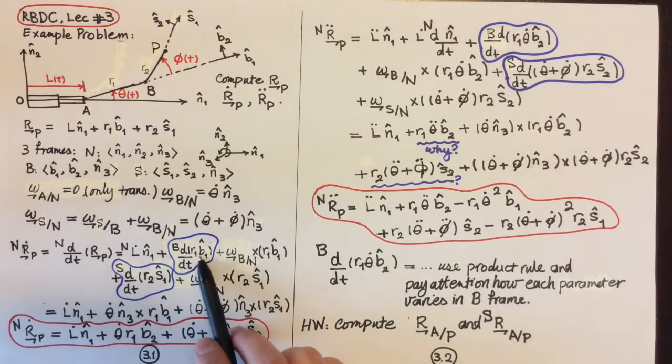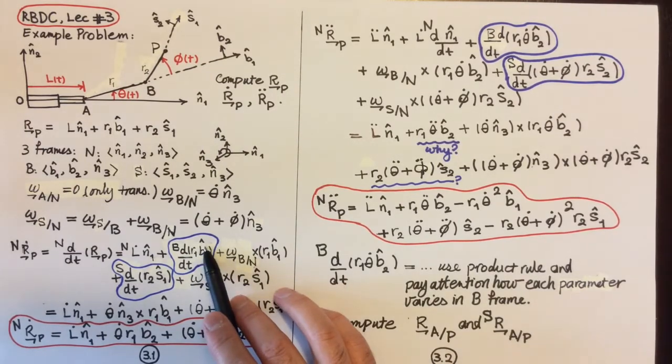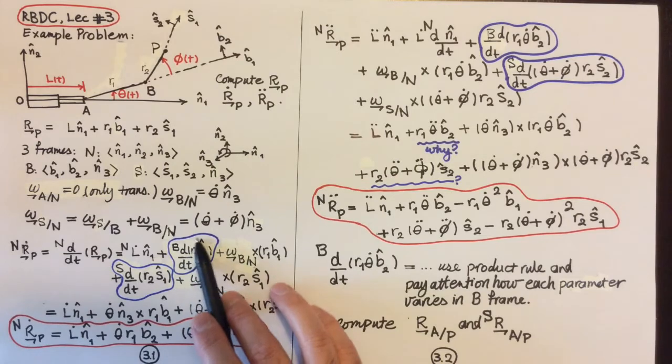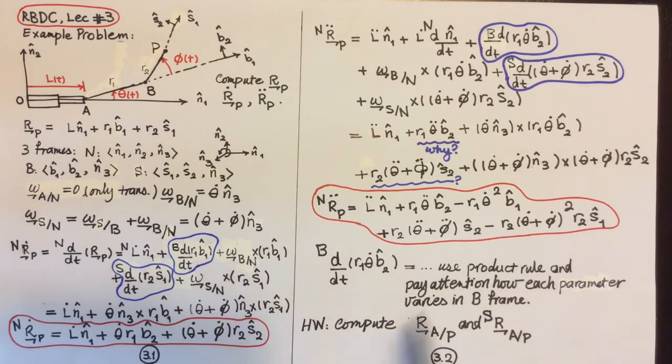If you look at this equation, here we have R1, which has a fixed magnitude, and B1 hat. You're supposed to differentiate this vector in the body attached frame. So what do you think you get? You get 0, right?